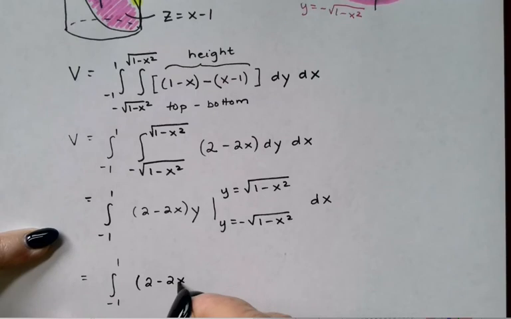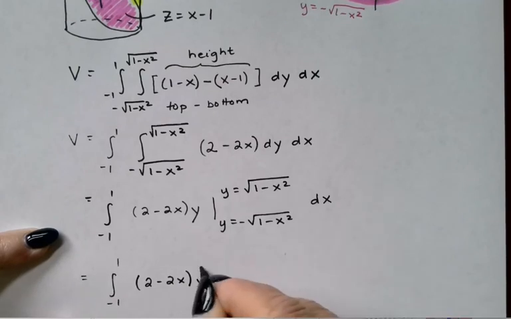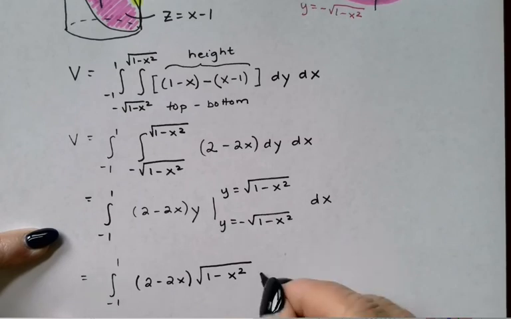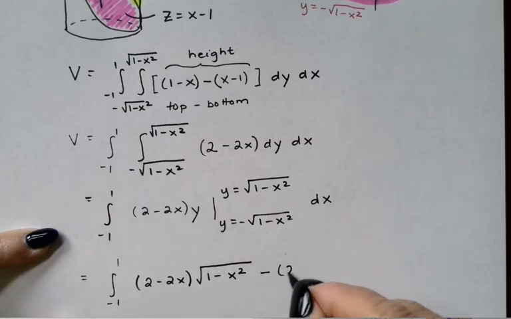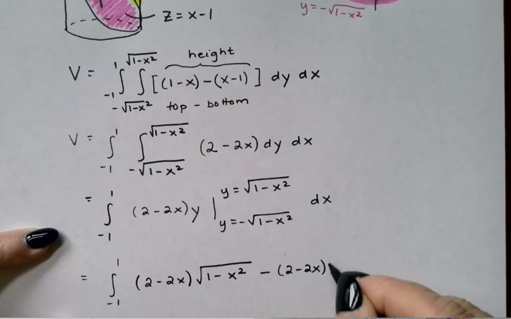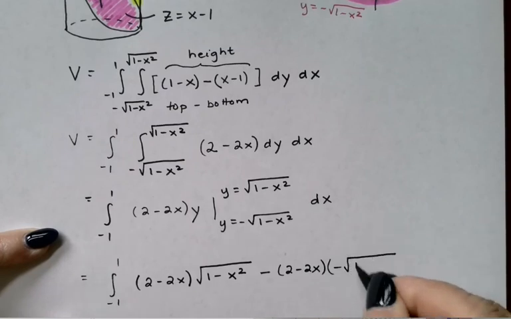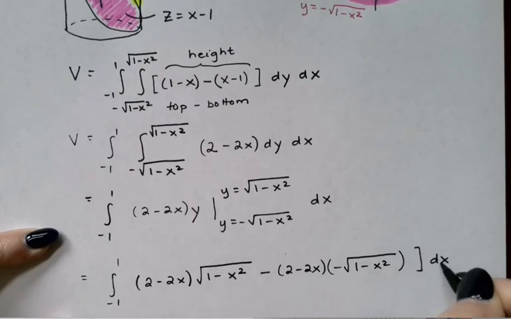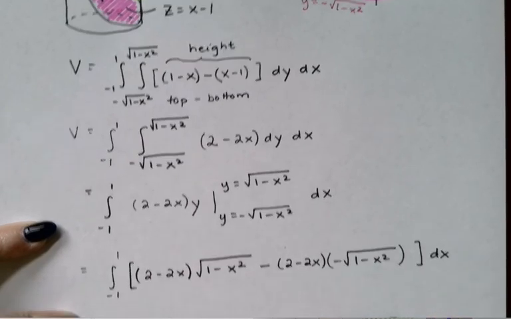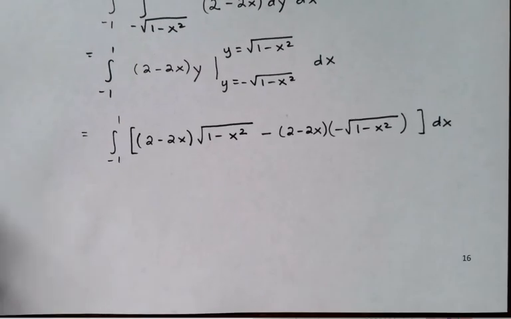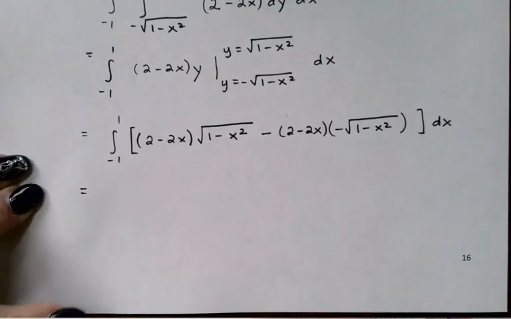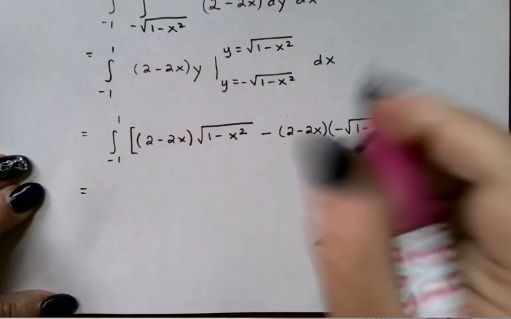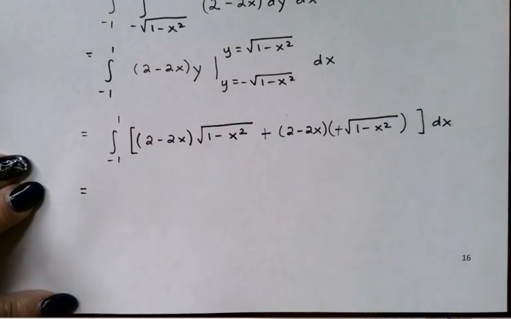So I have 2 minus 2x times the square root of 1 minus x squared, subtract 2 minus 2x times the negative square root of 1 minus x squared. In fact, those two negatives can, of course, just be used to make that a plus.